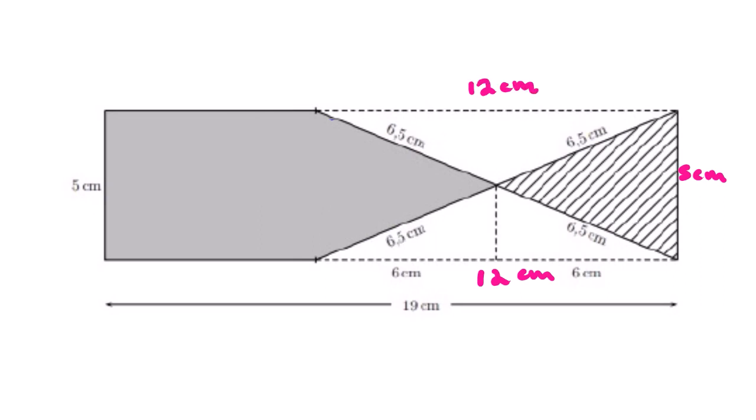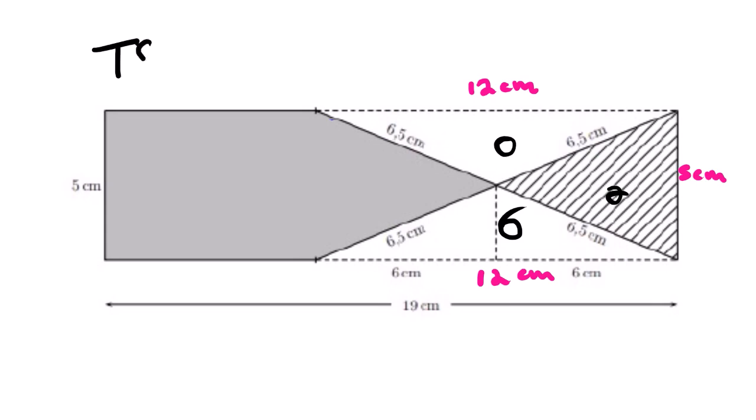Another method you can use, you can calculate the area of the whole shape and calculate the area of the three triangles, and then it will be the total area.